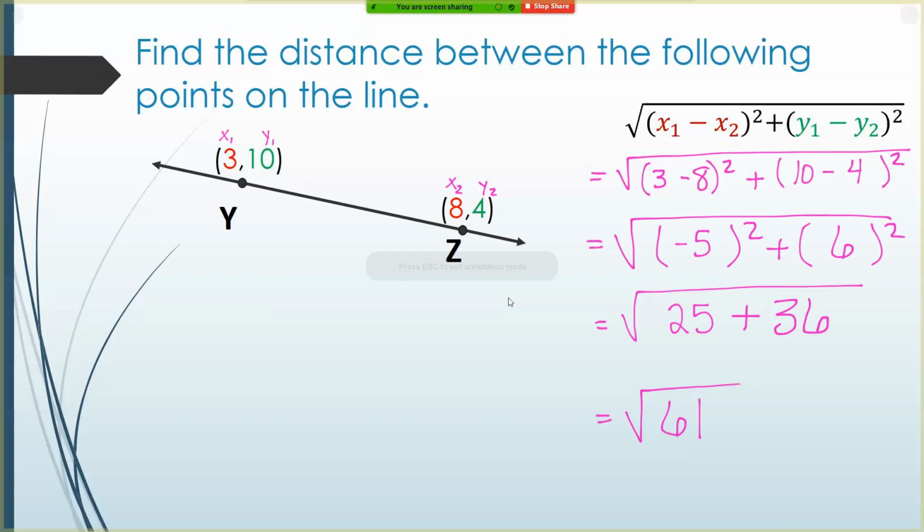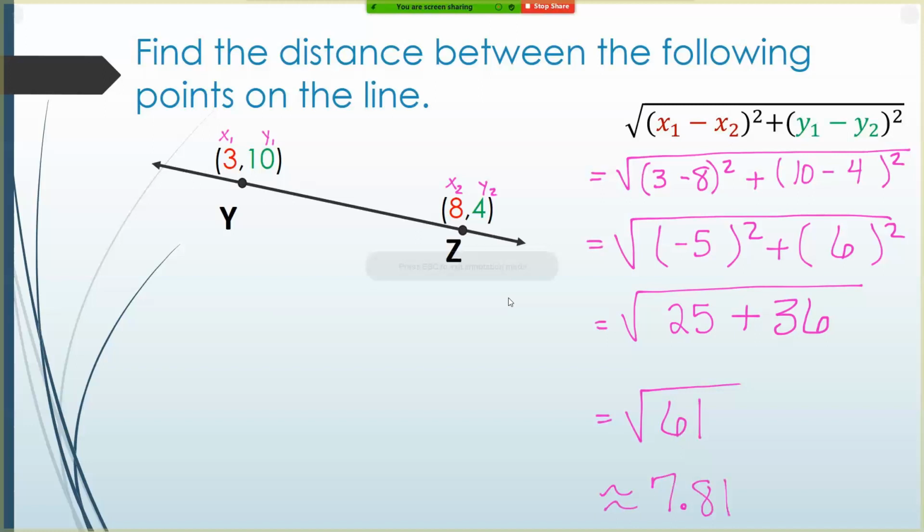If you have a calculator, type it in to figure out that the distance, or the square root of 61, is approximately, so I'm going to change my equal signs to these approximate symbols, 7.81.